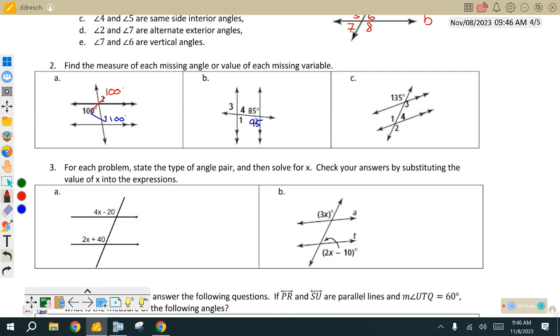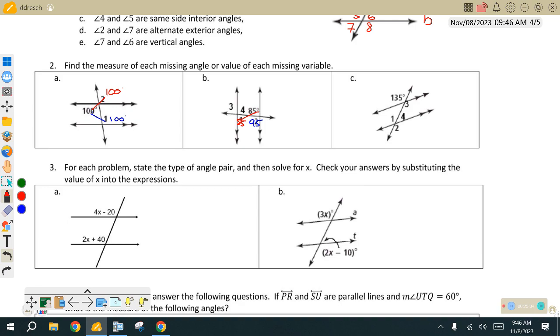We get another pair of alternate interiors in there. Going back to that 85, just like we did back here, I see 85 and angle 1. 85 and angle 1 are another pair of alternate interiors. They're interior, they're on different sides of that transversal. So angle 1 is 85.